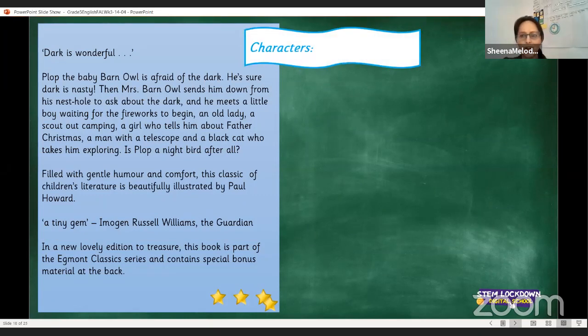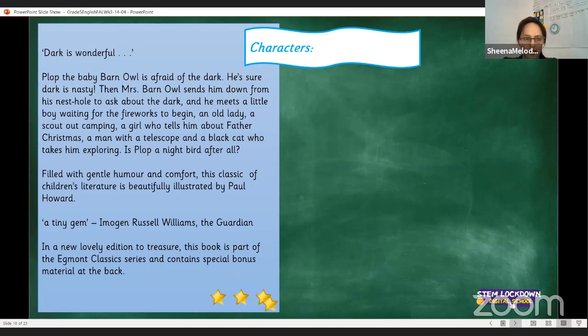Characters. Who are the characters? There's quite a few in this story. Okay, so who are the characters, grade 5s? Yes, a barn owl, and his name is Plop. Very good. Who else is in the story? There's more than that.